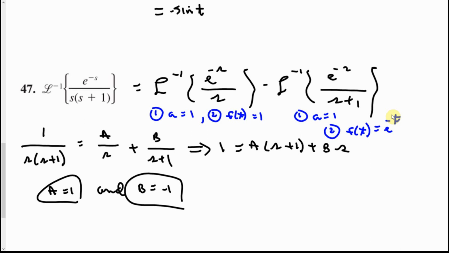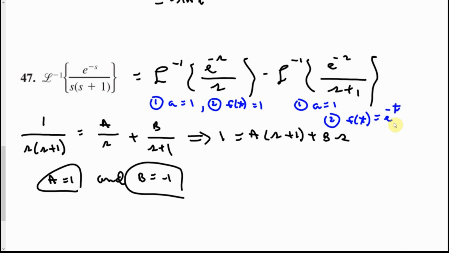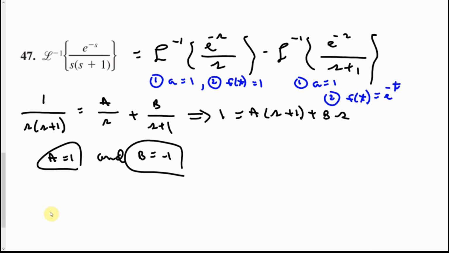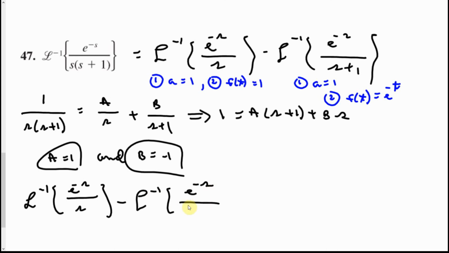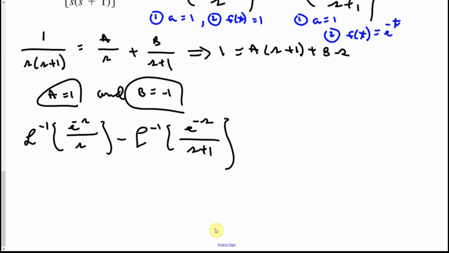So let's write our answer. Now again, we're looking for the inverse of e to the negative s over s, then minus the inverse of e to the negative s over s plus 1. So that first part is the function times its unit step.